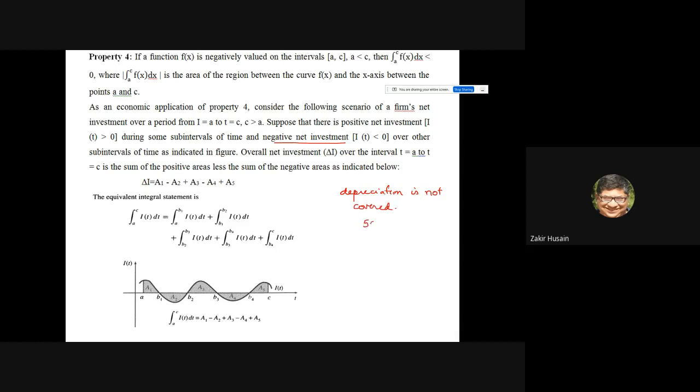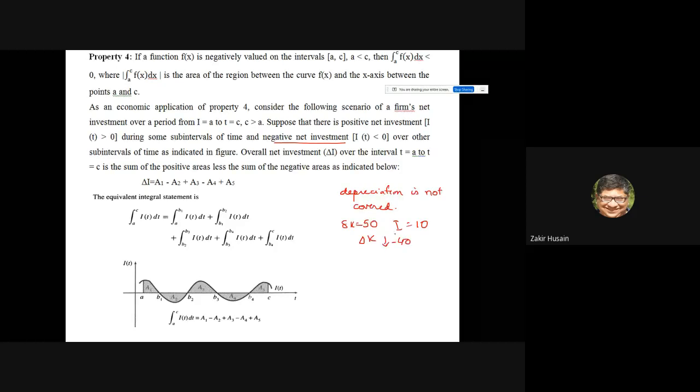So suppose the depreciation is 50 and the investment you make is 10. That means the capital stock will go down by 40. So net investment is minus 40: gross investment minus depreciation.